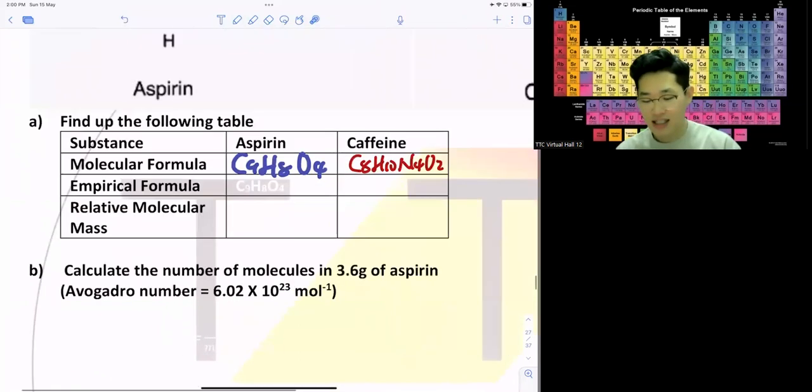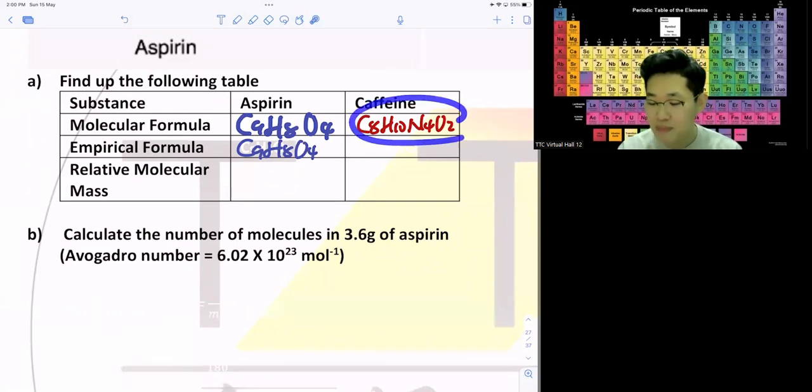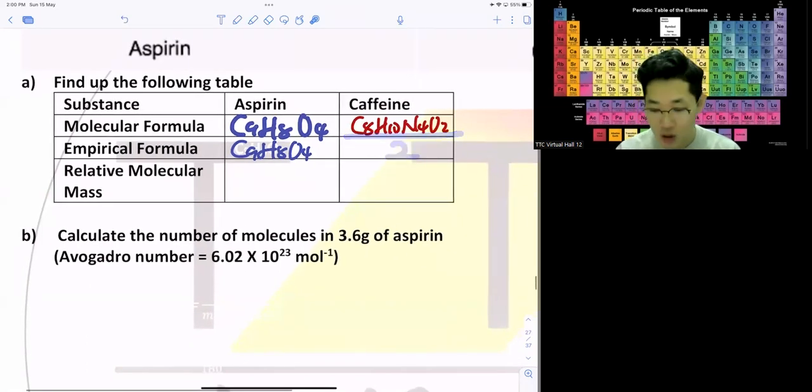Simplify. Simplest form. If we simplify C9H8O4, it will be still the same thing. It cannot be simplified anymore. But this one can be simplified by dividing 2. So if we divide 2, we are going to get C4H5N2O.